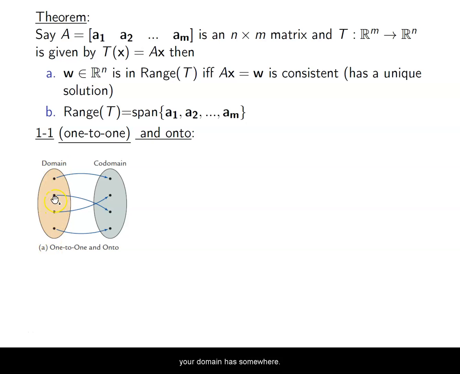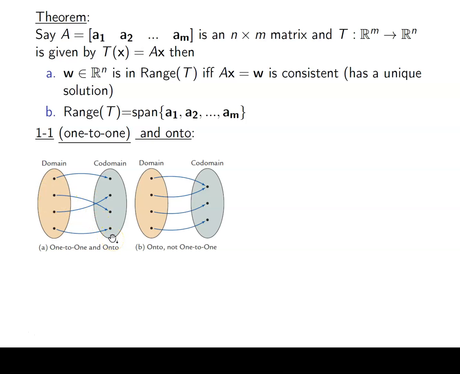Everything in your domain has somewhere specific to go in your range, and everything in your range gets mapped to. There are no dots that do not have an arrow going to them. Every element here goes to its own dot. So this one and this one, for instance, don't go to the same place. Everything is very straightforward for one-to-one and onto.